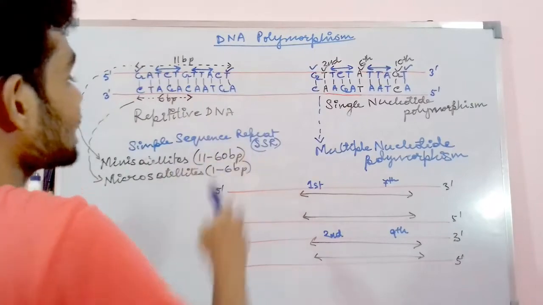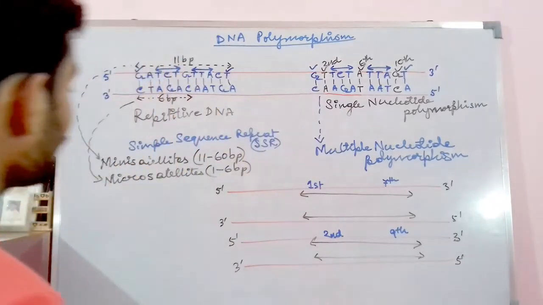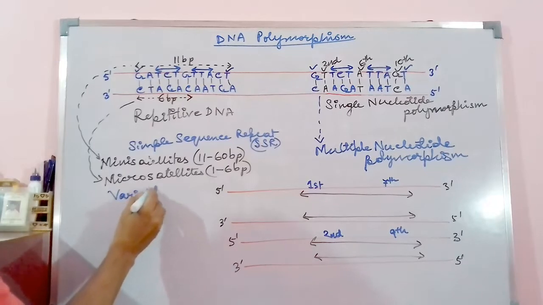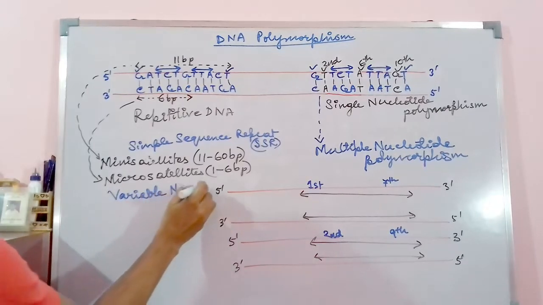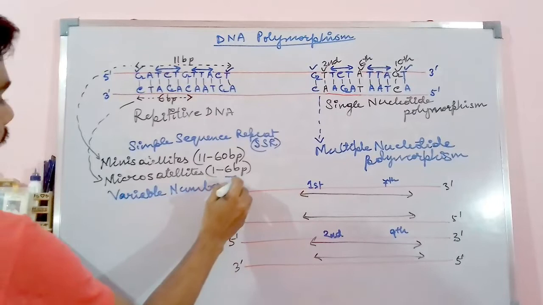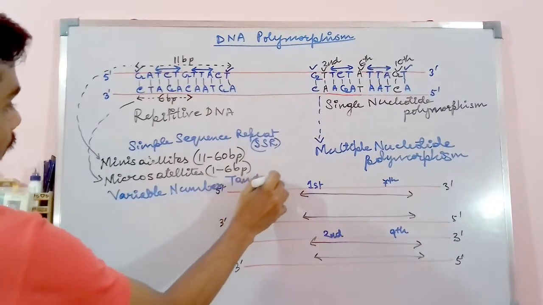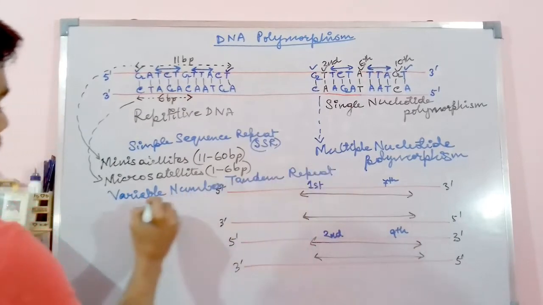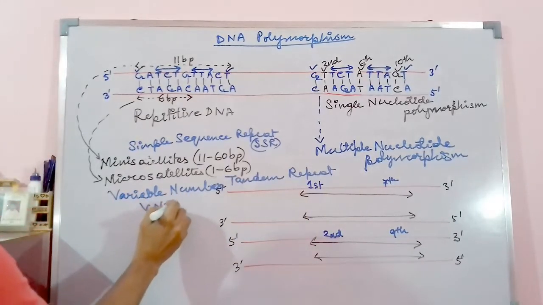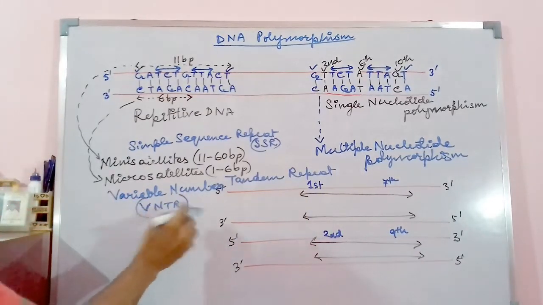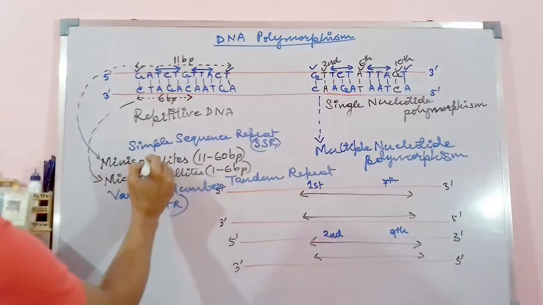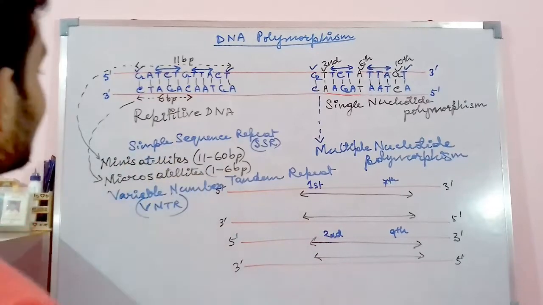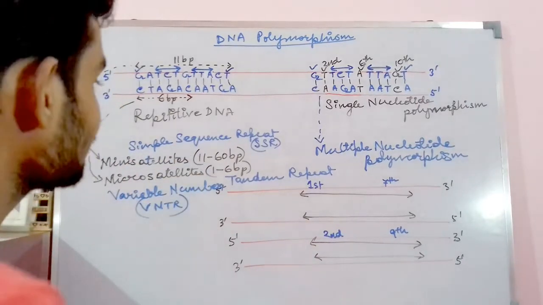And there is another terminology called VNTR, variable number tandem repeat, which is majorly comprising of the mini satellite. Okay, these microsatellites are actually known as the simple sequence repeats.